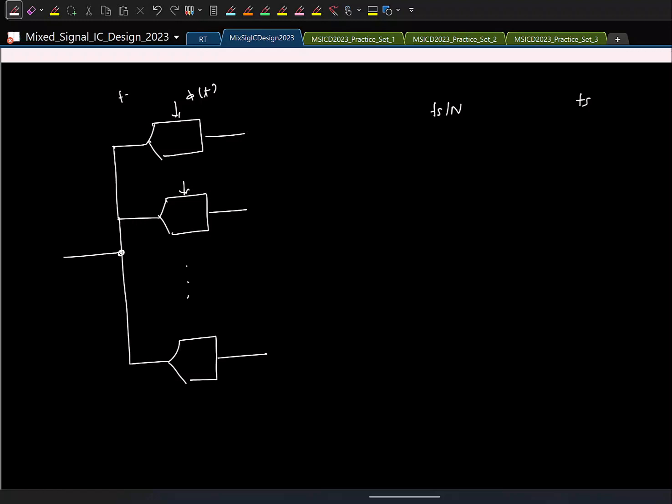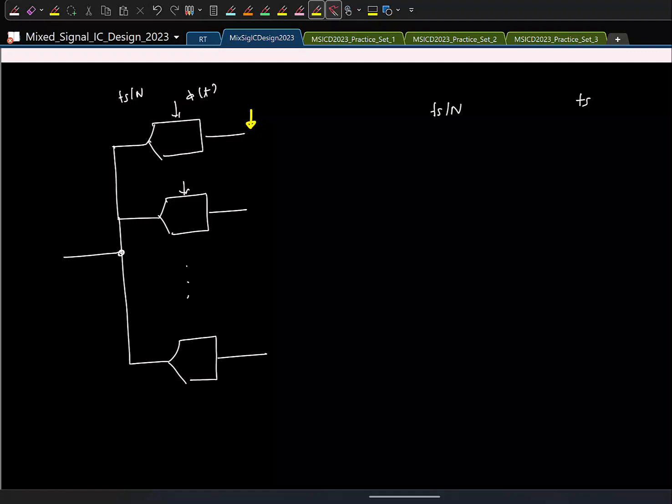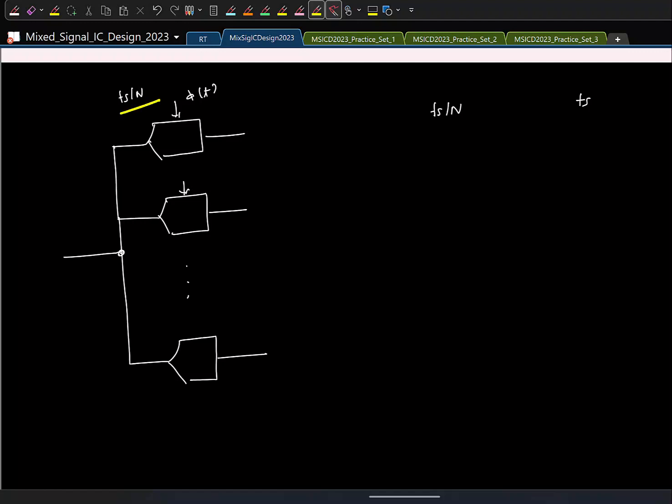Remember, this is sampling at fs by N. So what will be the time instants at which it will sample? N by fs, that is 0, N Ts, 2 N Ts, and so on. Now, what should be the delay to this clock?